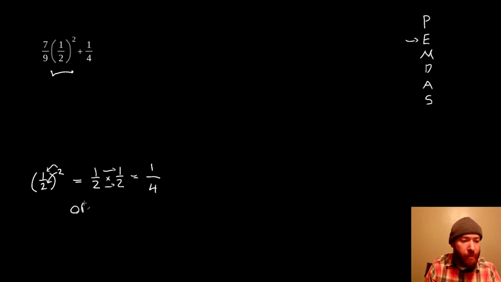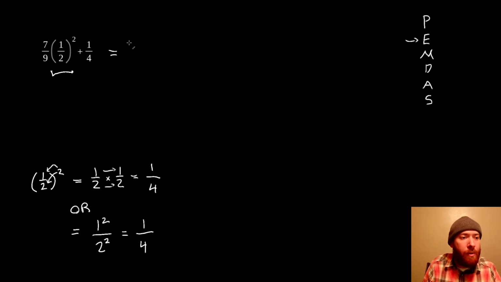So we could write that this is equal to 1 squared divided by 2 squared. And I hope that you can see that that's going to give us the same answer, right? Because 1 squared is 1 times 1, which is 1. And 2 squared is 2 times 2, which is 4. So either way you do it, you should get that this part is 1/4.